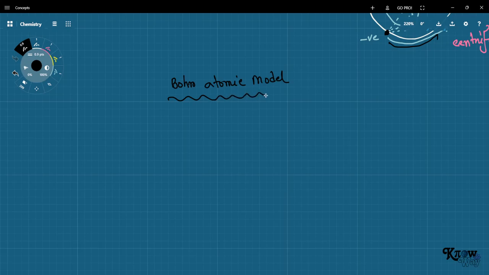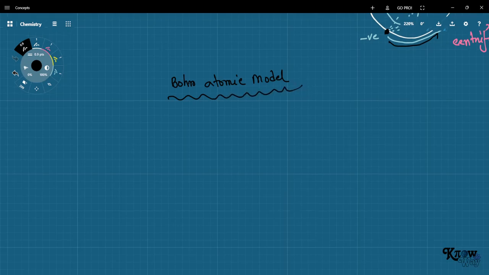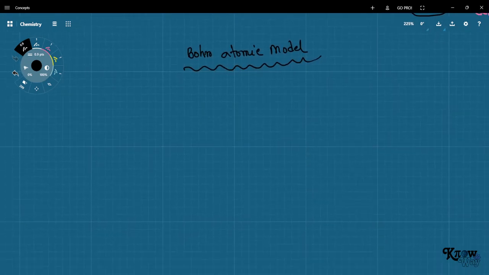So the Bohr atomic model has different concepts and different postulates.